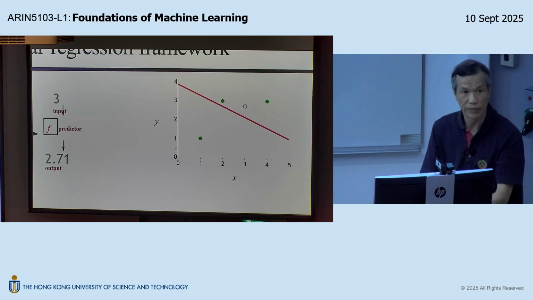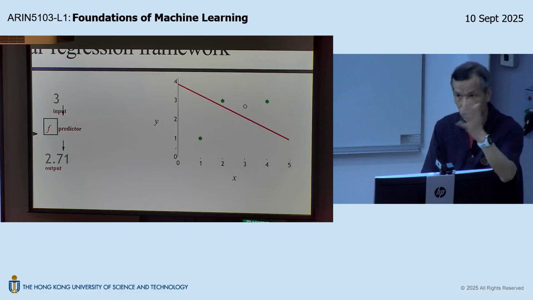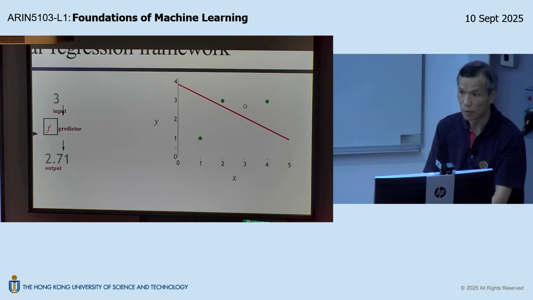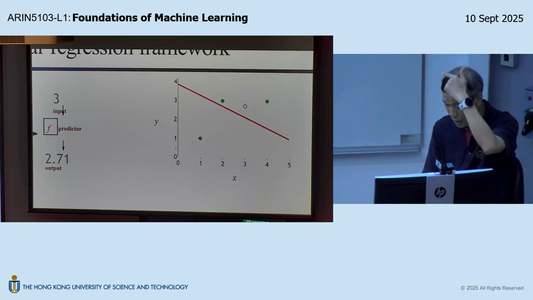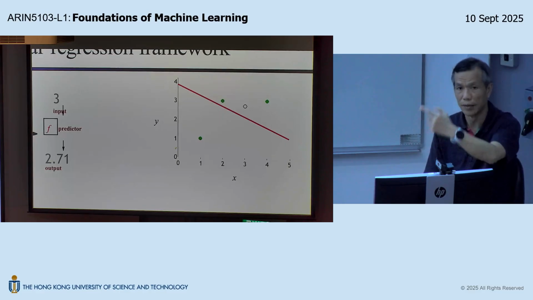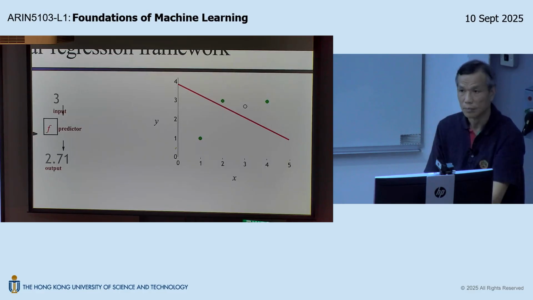Recall that you have a model class, so you have a lot of straight lines that you can choose from, and each straight line will have a corresponding loss value. So you have the class of straight lines, you have a loss function to measure the performance of the straight lines, and the goal is to find the line that minimizes the loss.